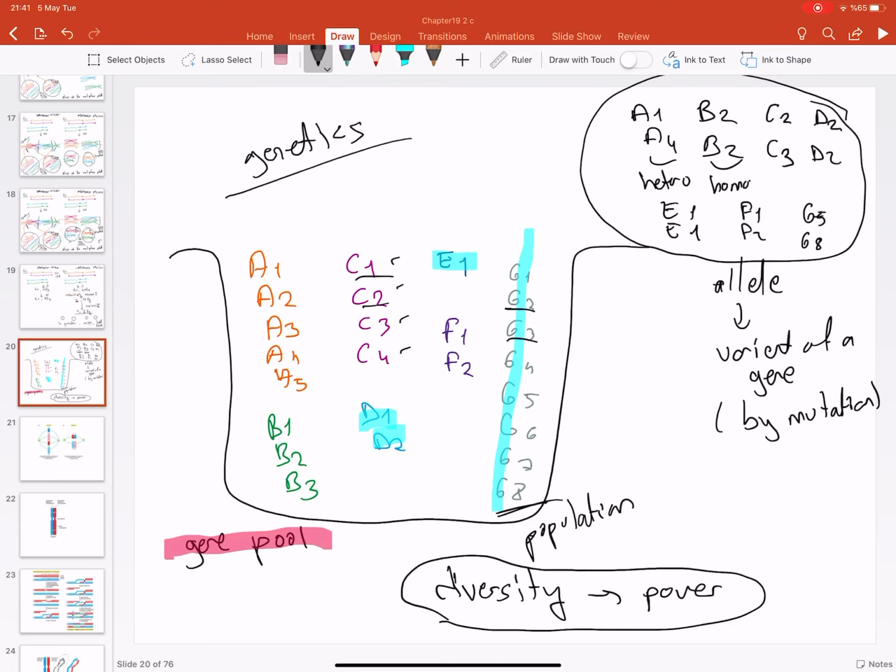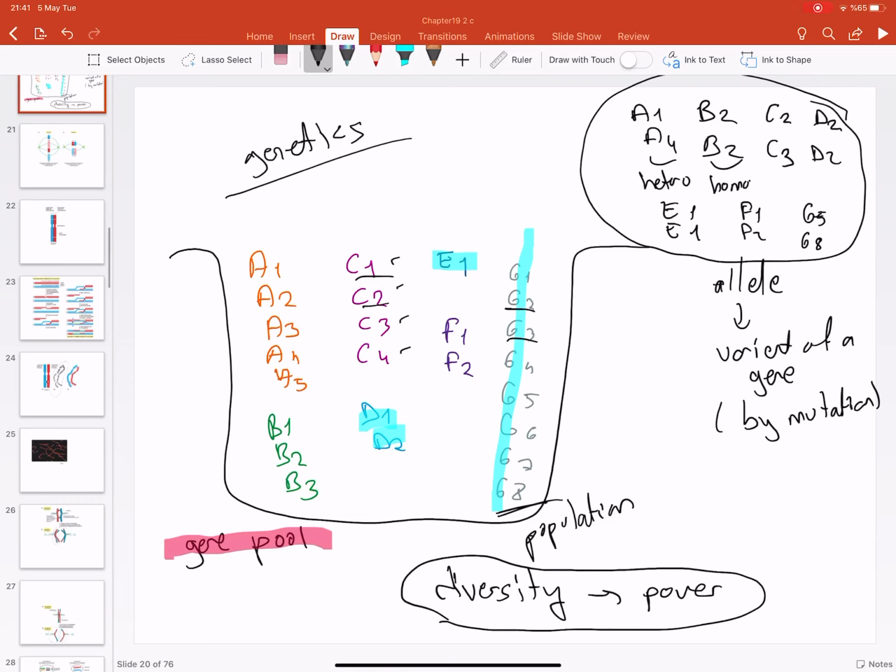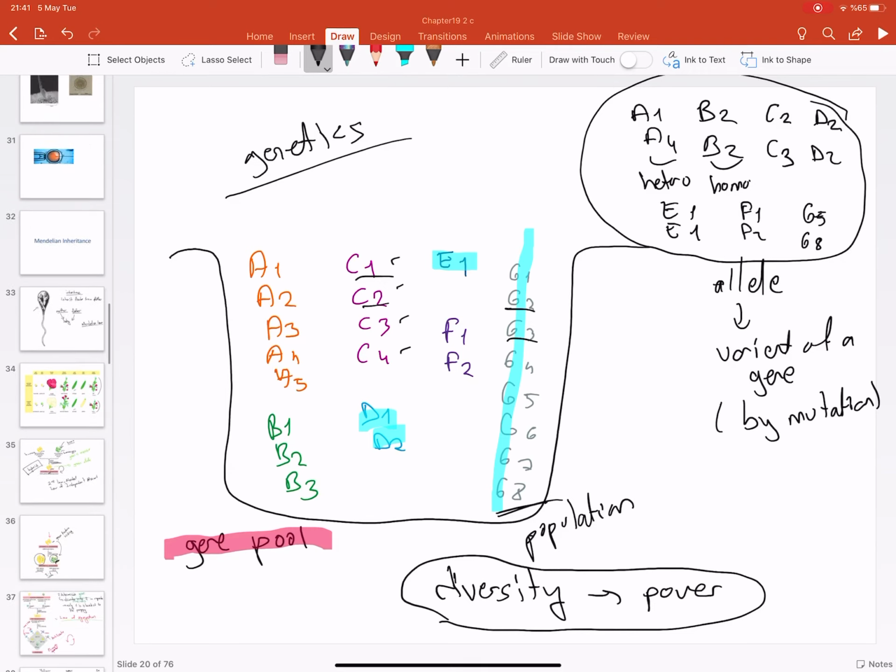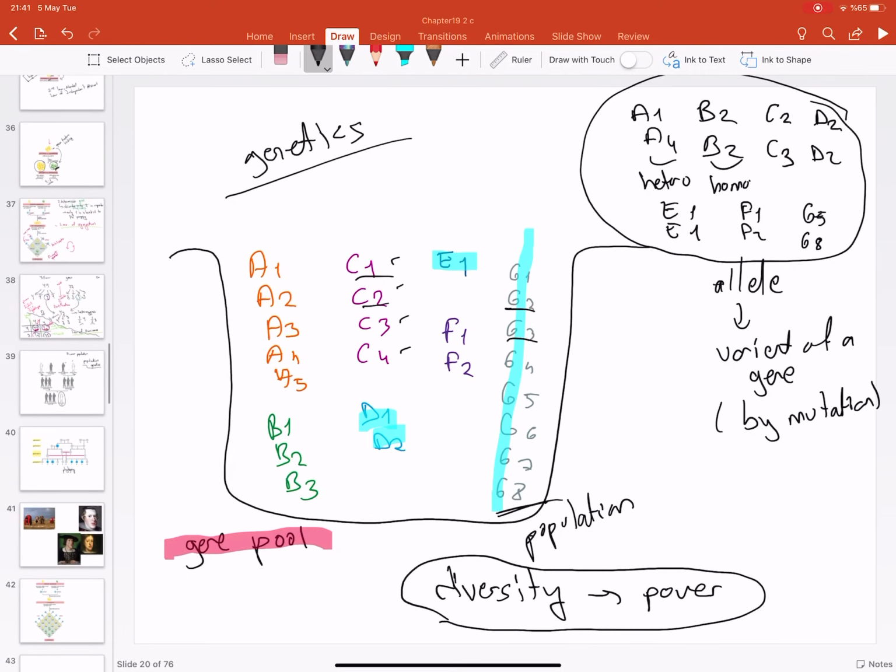But they're not always random. In an ideal, randomly mating population, yes, this analogy works, and the gene pool is a good way to simulate the genetic movement and interactions.